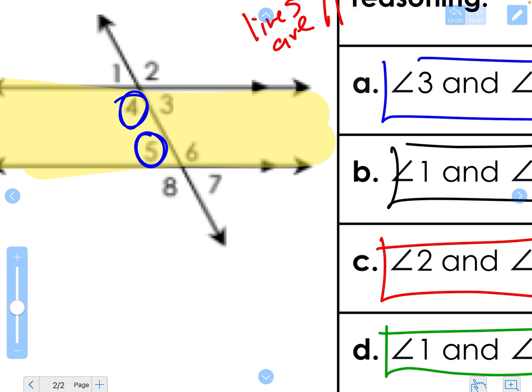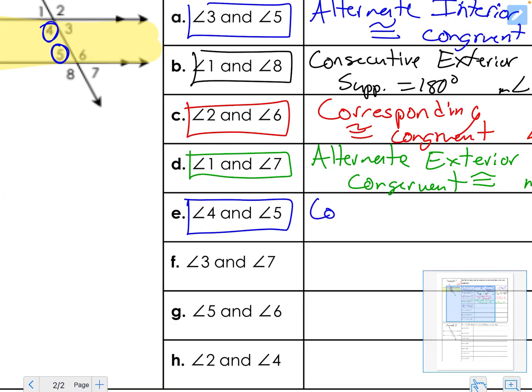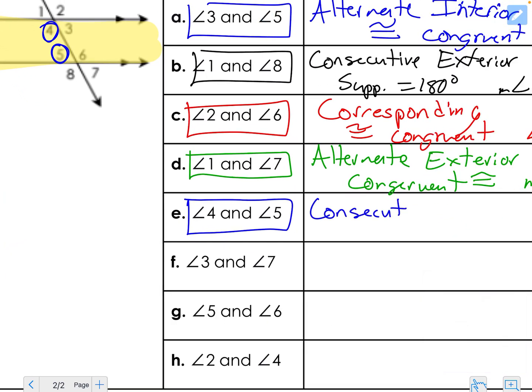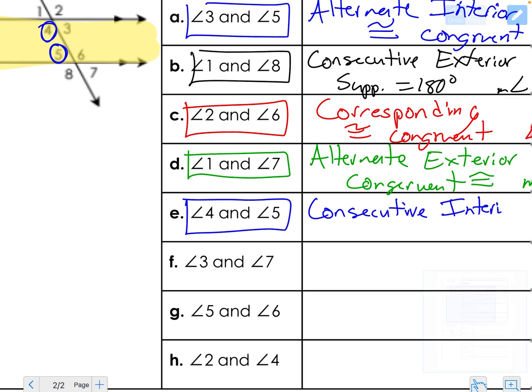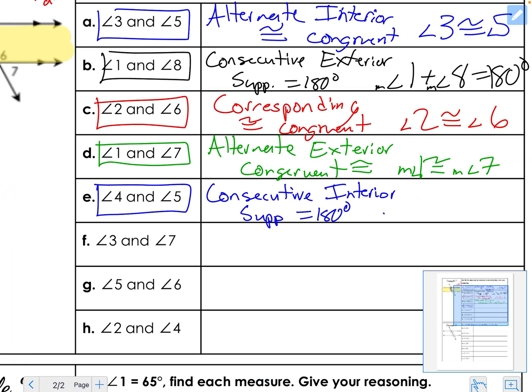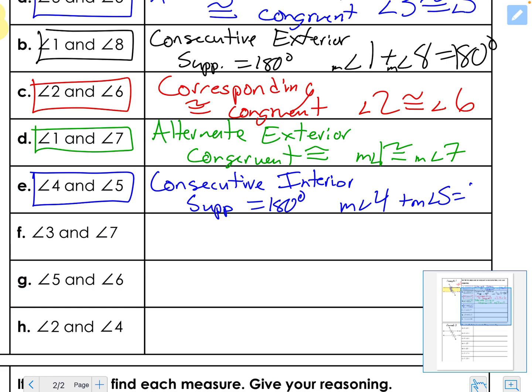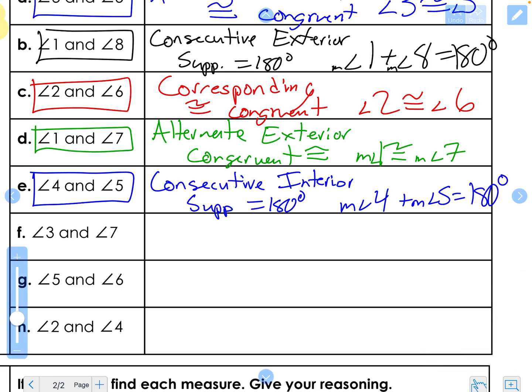And I know that they are on the same side of the transversal. So that makes them consecutive interior angles. And I know that if I have consecutive angles, they are supplementary, which means they equal 180 degrees. So the measure of angle 4 plus the measure of angle 5 equals 180 degrees.